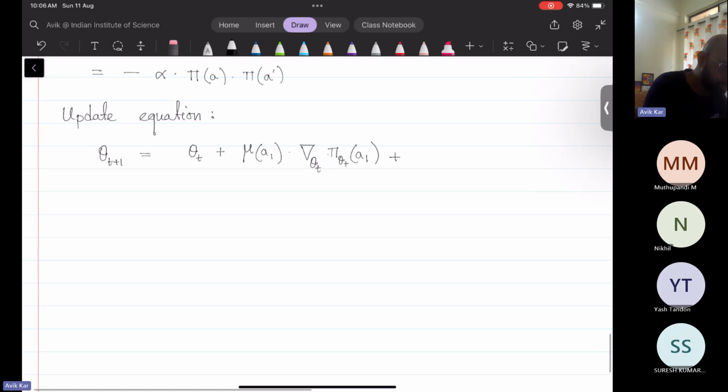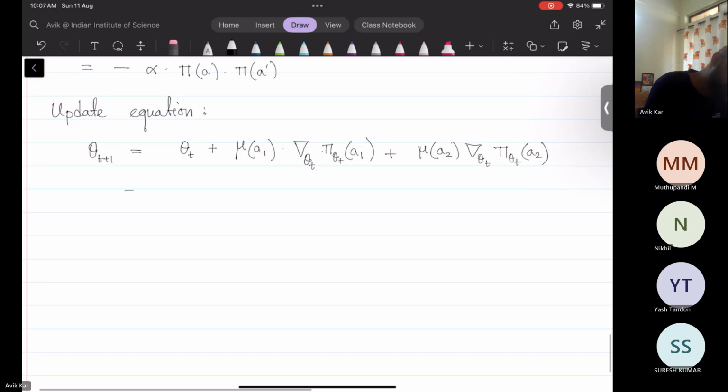And plus, say there are only two arms, mu a2 times the gradient of pi theta t a2. Now let us write it in vector form. There are only two terms.